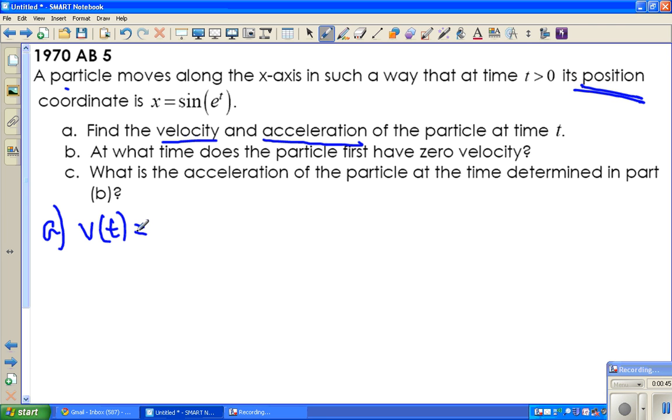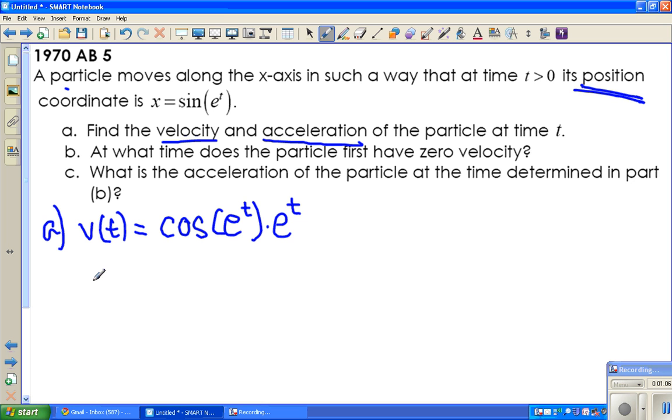We know that velocity will be the derivative of this. So the derivative of sine becomes cosine of e to the t, and through the chain rule we have to multiply by e to the t, because the derivative of e to the t is e to the t itself. That will be the first part of the answer.